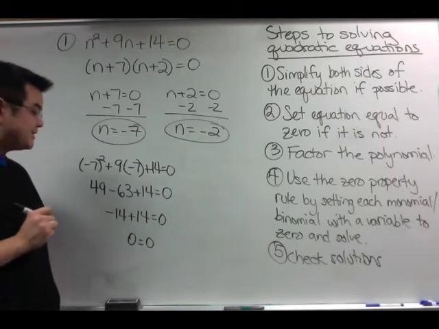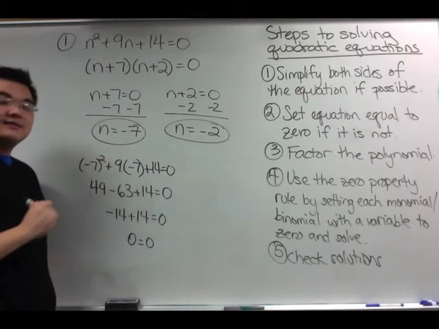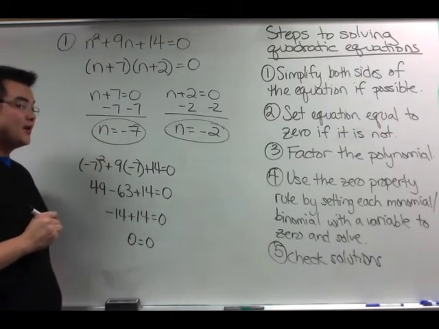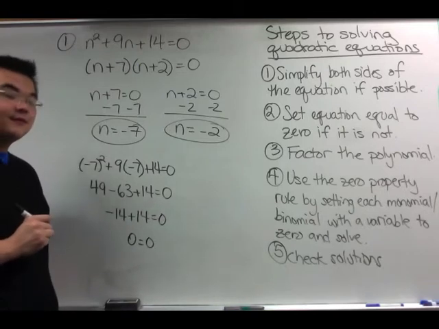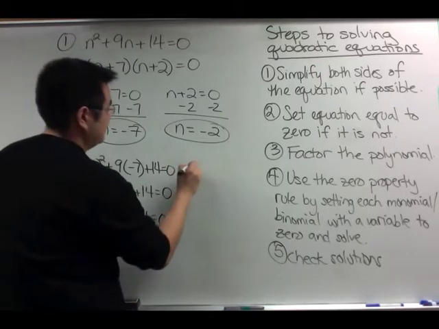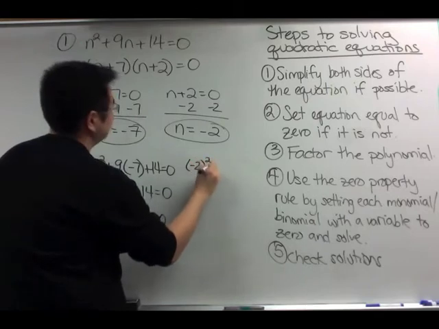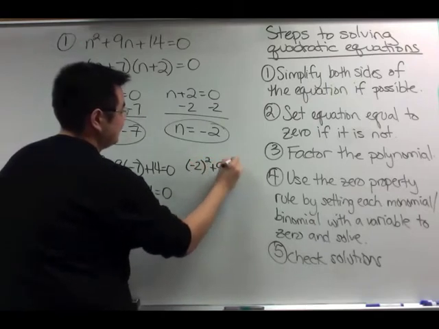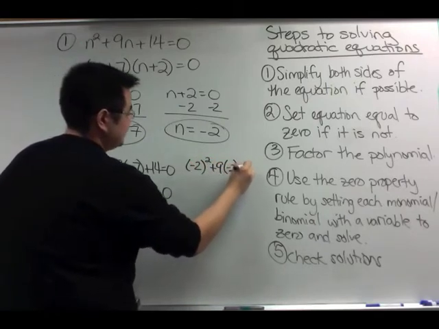And we got that 0 is equal to 0, so we know that n equals -7 is a correct solution to this quadratic equation. Now we're going to do the same for -2. -2 squared plus 9 times -2 plus 14 equals 0.